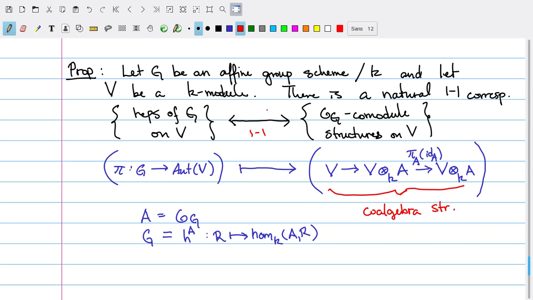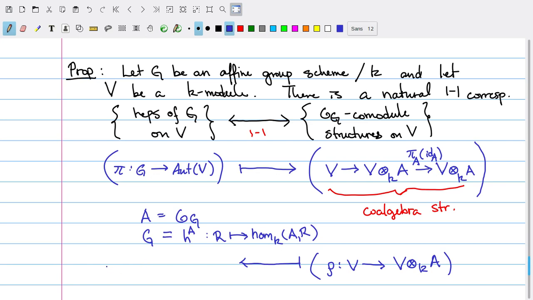To prove the latter, it's actually more helpful to once again determine a map going in the opposite direction, which is to say, if we start out with a coalgebra structure rho on V, we want to send it to a certain representation of G on V.